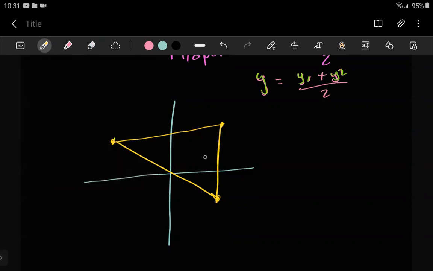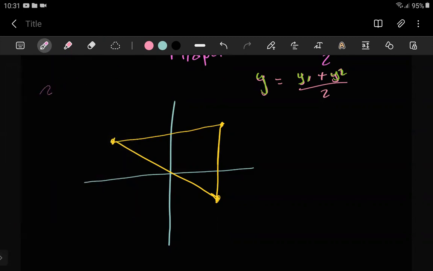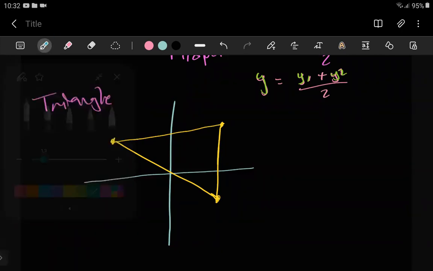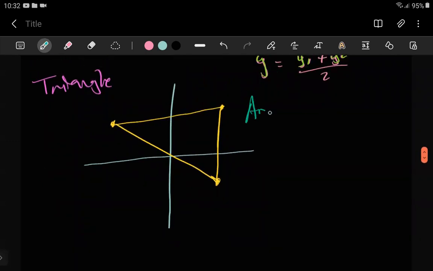If you're going to work with a triangle, you just need to be careful, because when you work with a triangle, you have to remember that different cases can be created. You want to remember that you need to at least be able to work out the area of a triangle, which you can normally just do using half base times height.